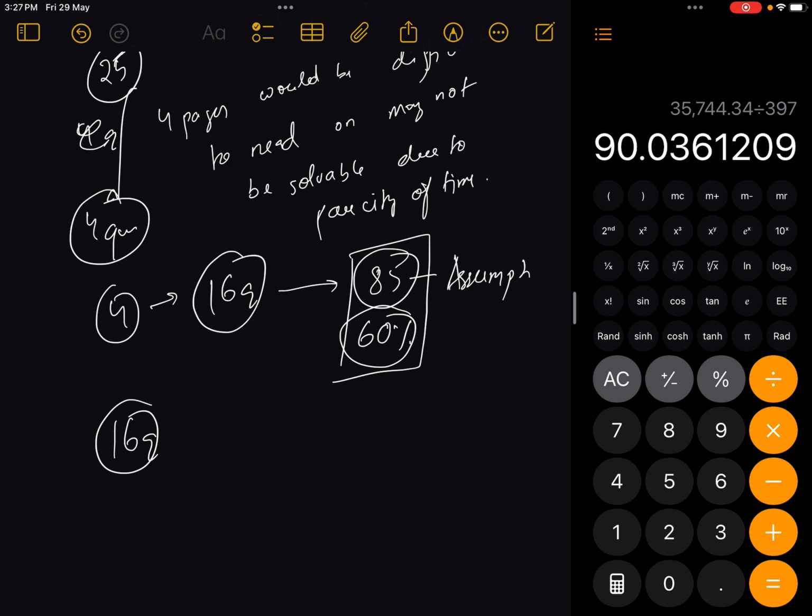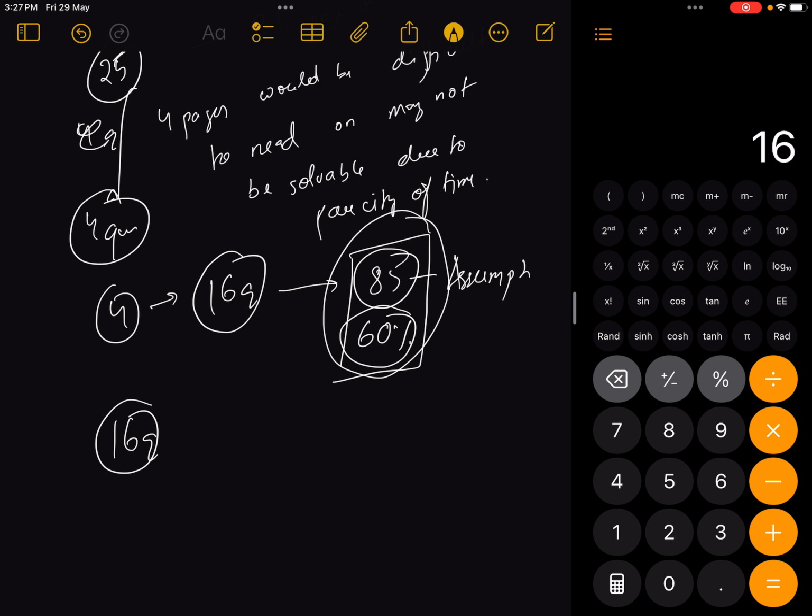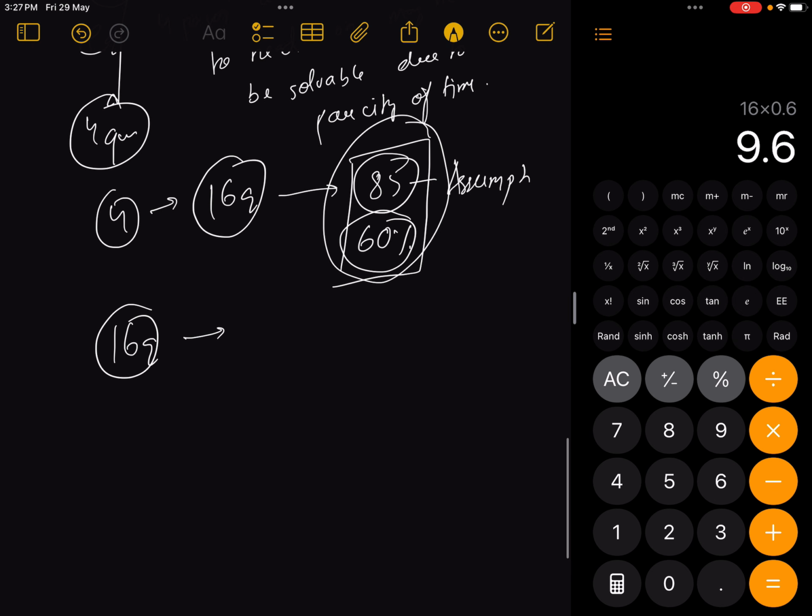let's consider how many they might have attempted if they were to attempt. This should normally be the case. So 16 questions and the attempt rate should be 85%.